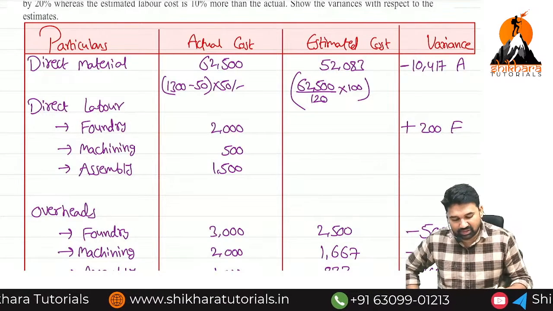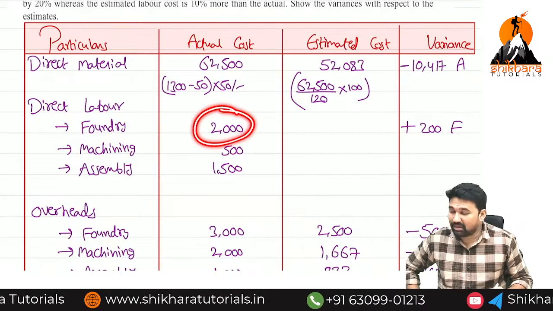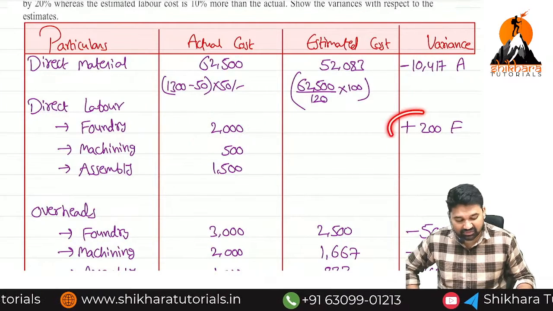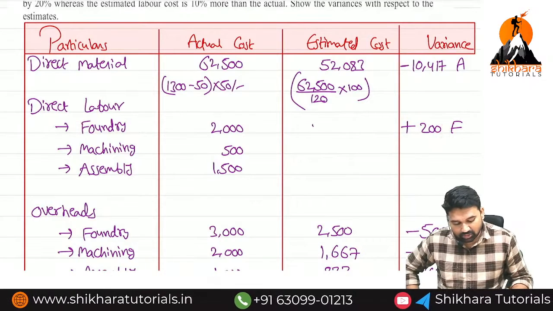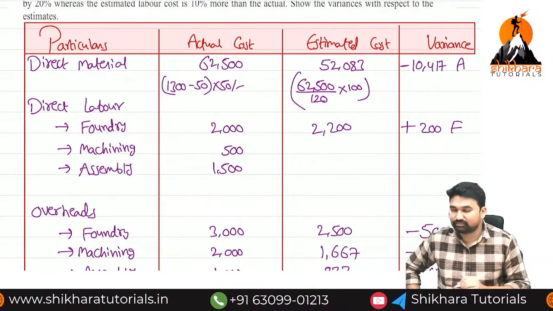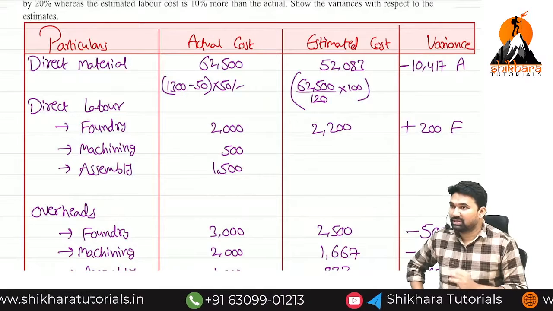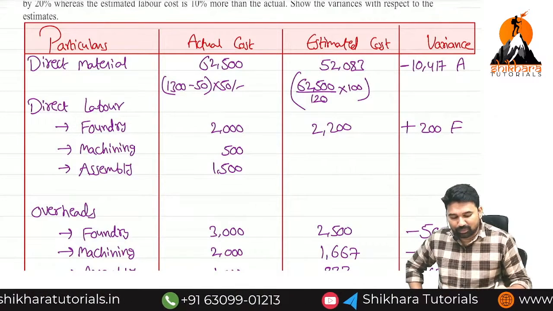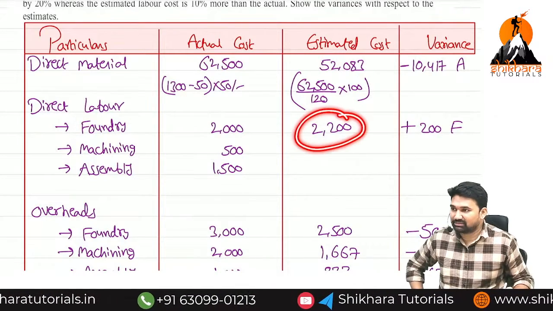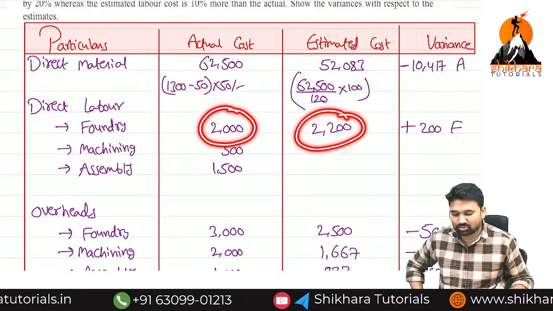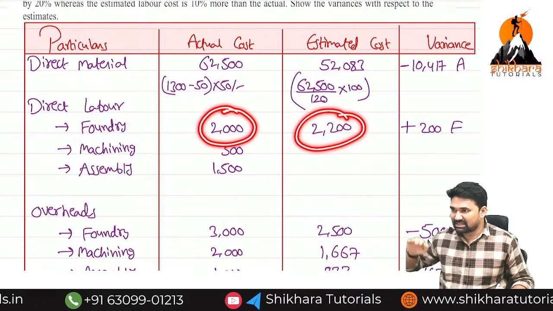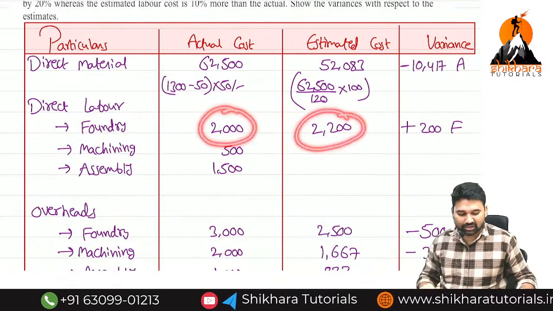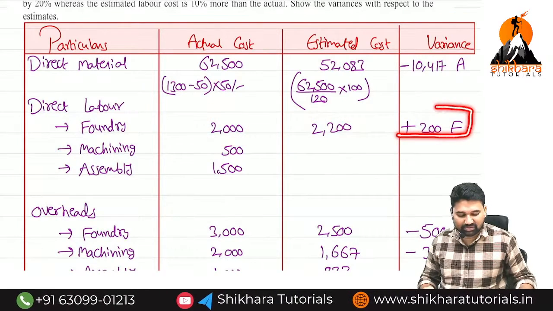If 2000 is your actual cost and 200 is the favorable amount, what is the estimated cost? 2200. You planned 2200, but it came as 2000. That means your actual cost is less by 200. So that is why plus 200, favorable situation.